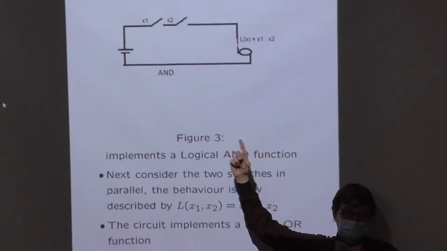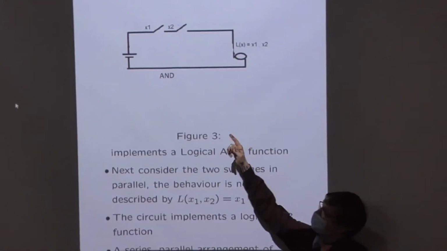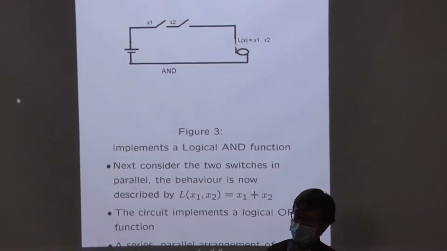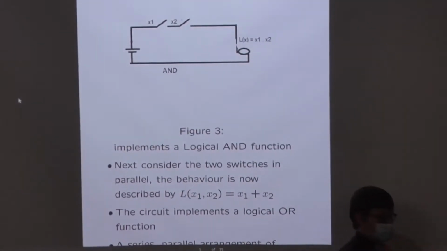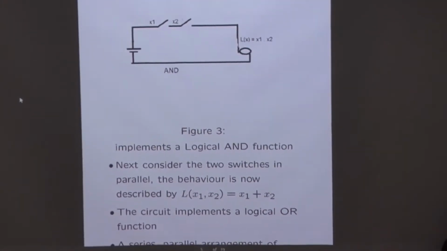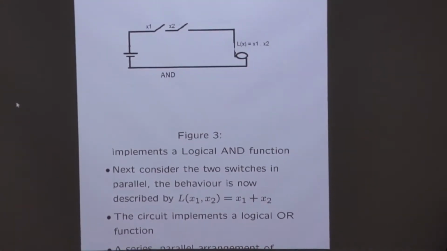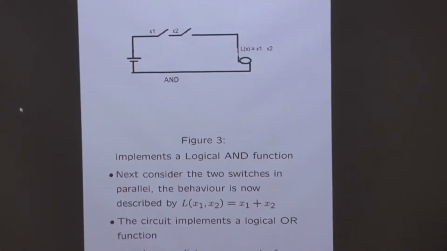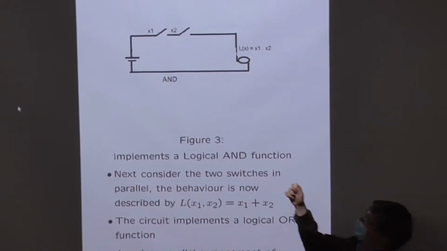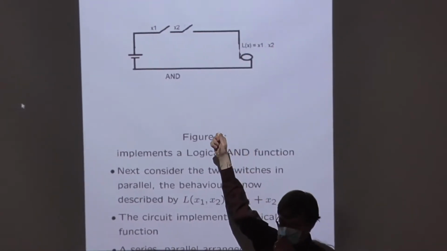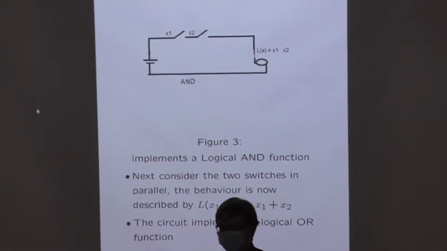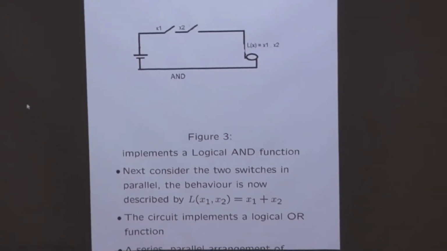In this particular case, in order for this light to go on, both switches must be closed. This corresponds to a Boolean AND operation, right? Because both x1 and x2 must be closed in order for the current to flow.